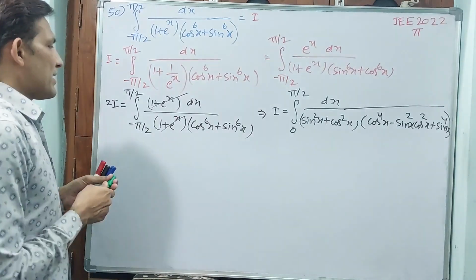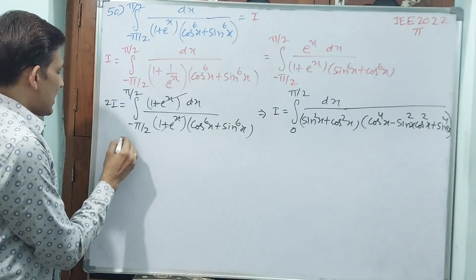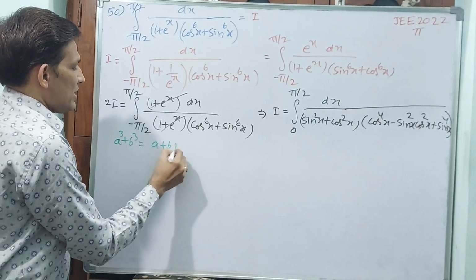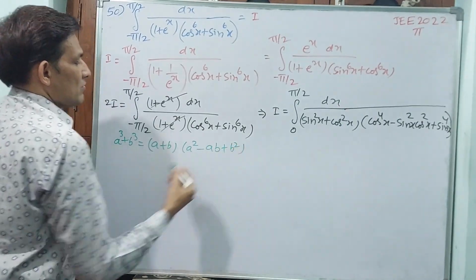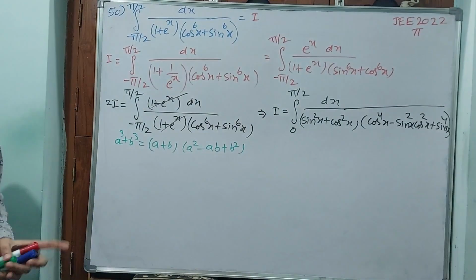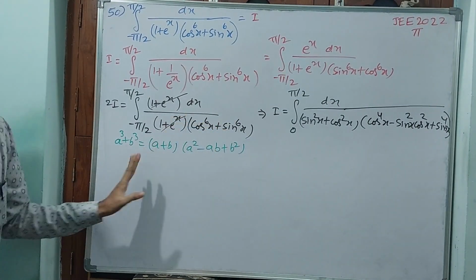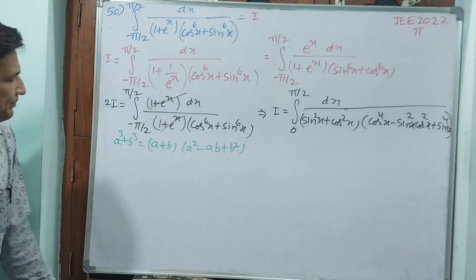See, I am writing some formula here. So for cube what we are having? A cube plus b cube is equal to a plus b into (a square minus ab plus b square). Okay? Now see here, a cube plus b cube is there, you may think, actually 6 is there, power 6. Not a problem. Even with 6 also you are going to get this formula.